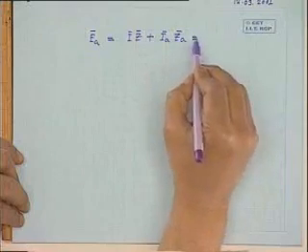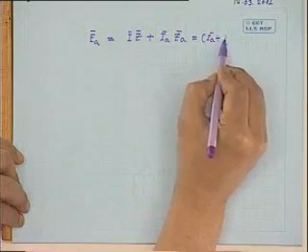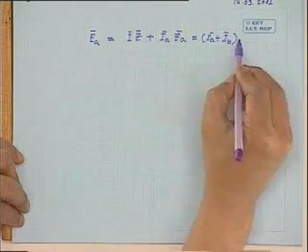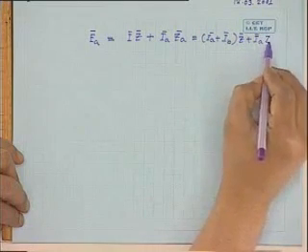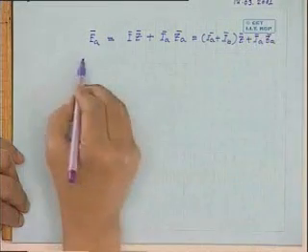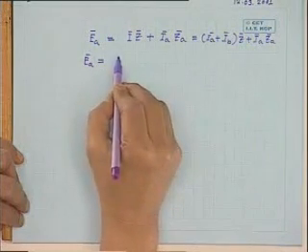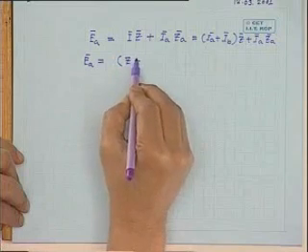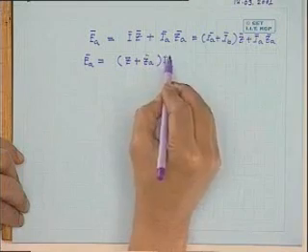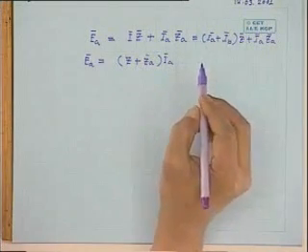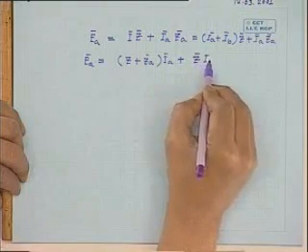And for I bar, you can write IA bar plus IB bar, just mathematical treatment, into Z bar plus IA bar into ZA bar. Therefore, EA bar can be written as, if I am wrong, please correct me, Z bar plus ZA bar into IA bar plus Z bar into IB bar.